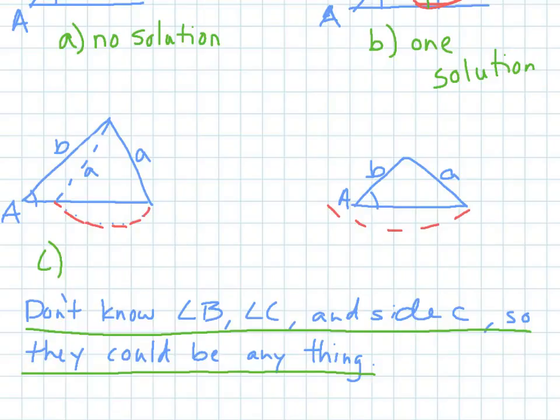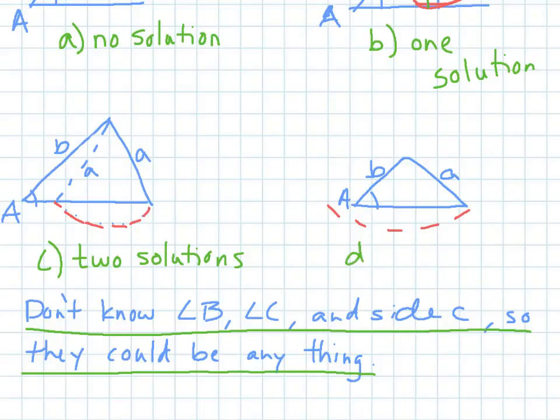So it gives you two options for A, so that means there's two sets of solutions. That means that there's two side C's that are possible, two angle B's that are possible, and two angle C's that are possible. So it makes two sets of answers for a possible triangle to be created.